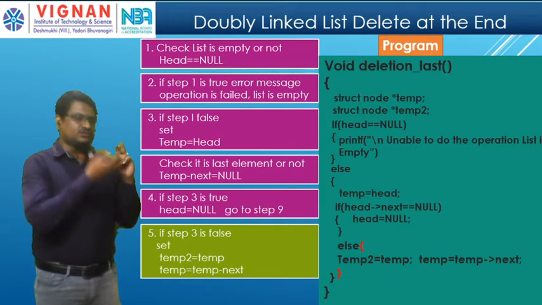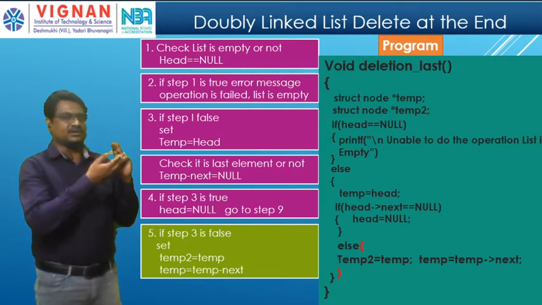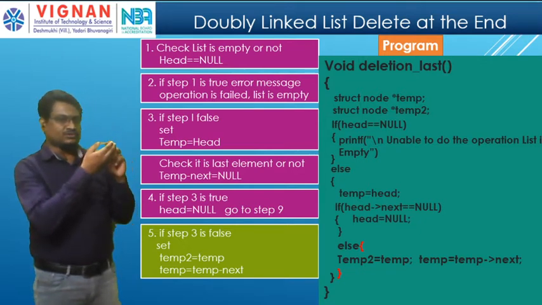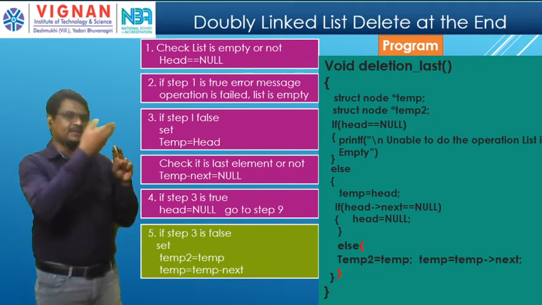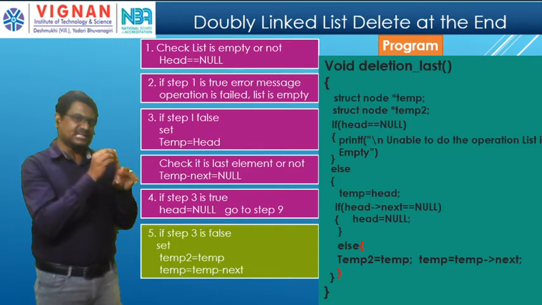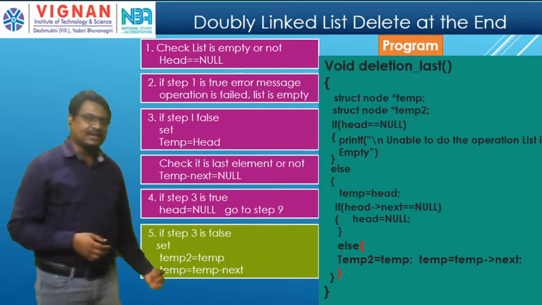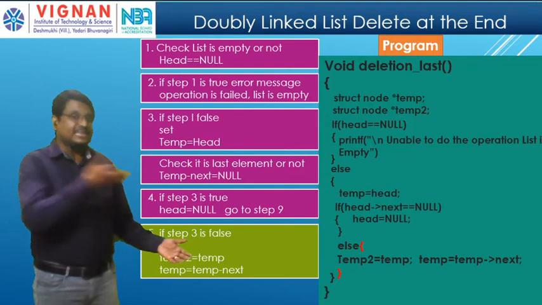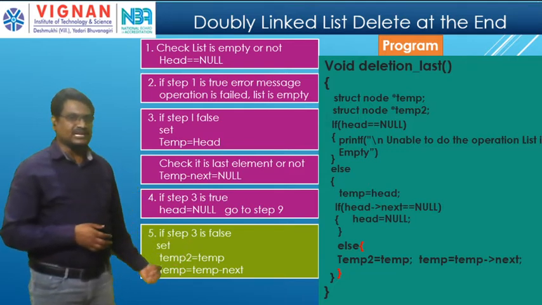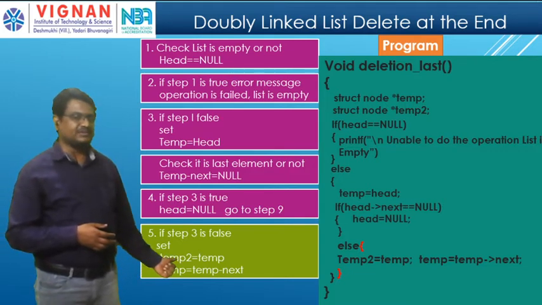Now I need to move up to the last element. Now temporary 2 to temporary 3. Temporary 2 will become 3, temporary becomes 4. So what is the last element? Temporary. So in temporary I will store the last element. Temporary 2 stores the previous of the last element. If I delete this last element, I need to make the element before it the last element of the double linked list.